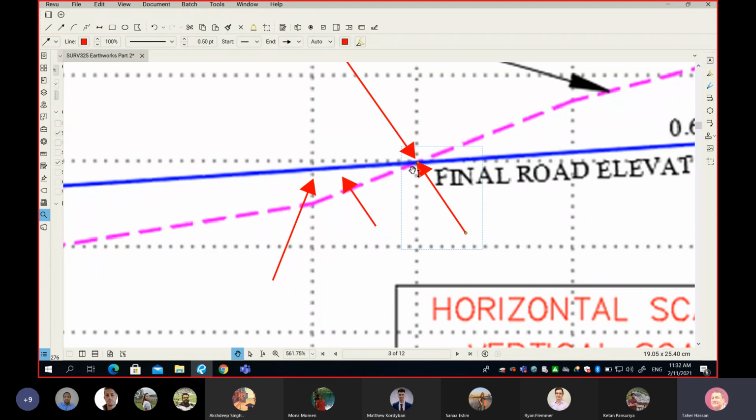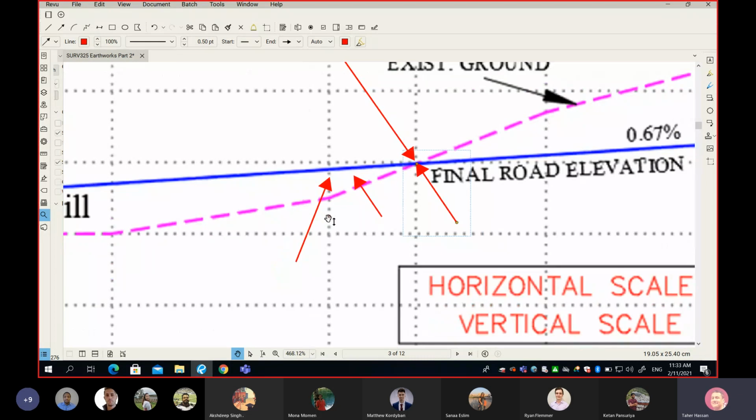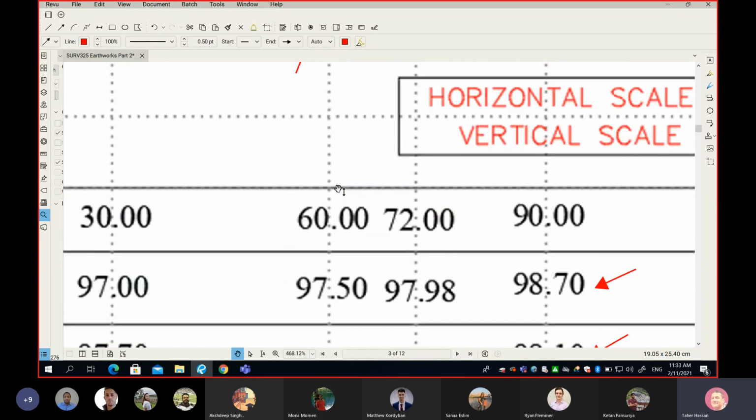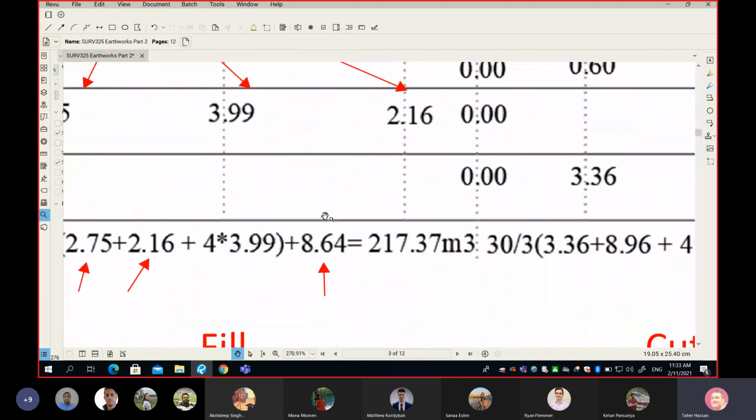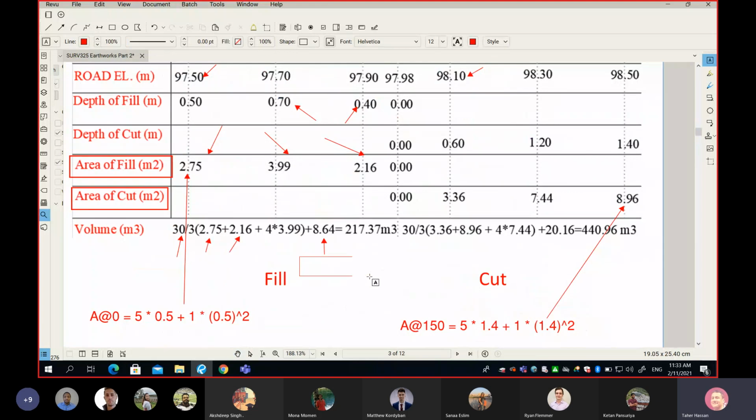A pyramid. And the volume of the pyramid is 1/3 the area of the base times the height. Which means what you have to do is you take 1/3 the area of the base. Probably I'll write it here. So this number here, I'll give you the explanation of what is 8.64. So this one is equal to 1/3, the area of the base is 2.16 multiplied by the height, which is 12 meters.